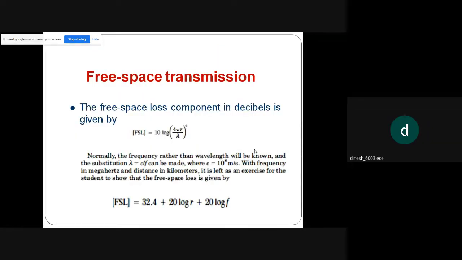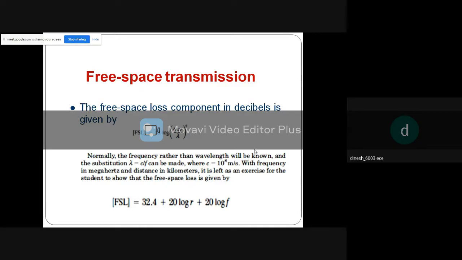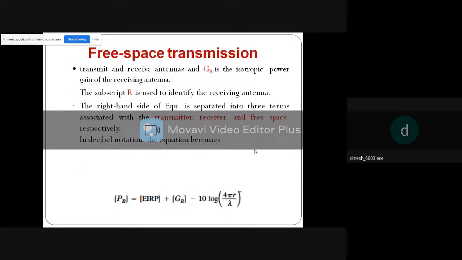Now let us calculate this free space loss component in decibels. We write it with a negative sign because this is a loss, and it is to be removed.